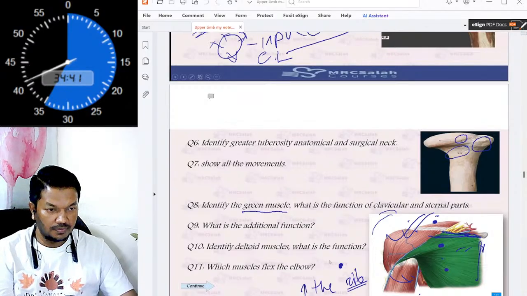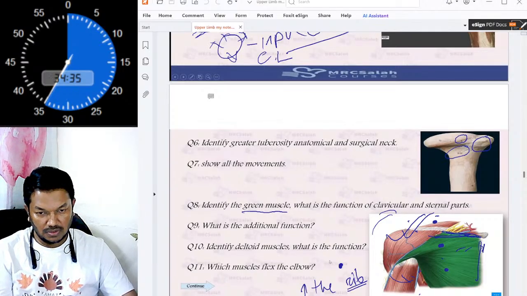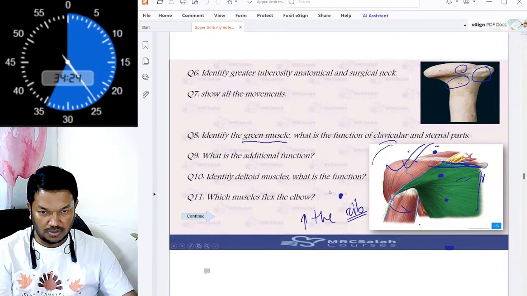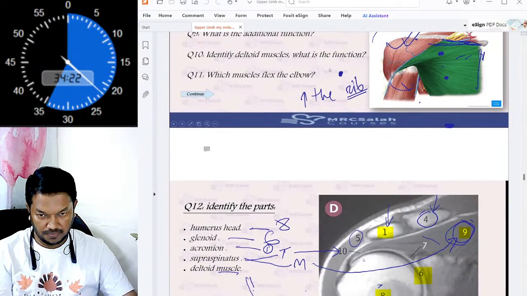It acts as an accessory respiratory muscle by elevating ribs. I told it: biceps, brachialis, pronator, brachioradialis, flexor carpi.